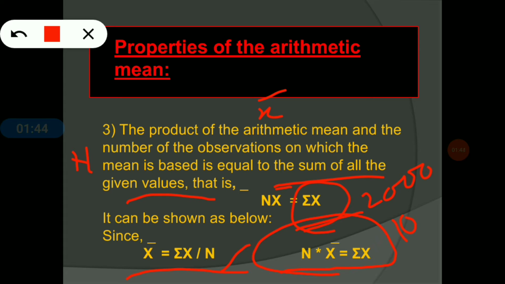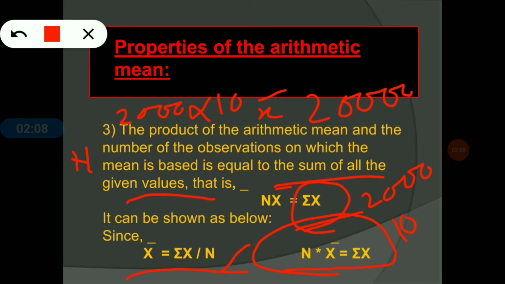So, we all know that n into x bar is equal to summation x. So, 2000 into 10, that means 20,000 is the total monthly wage of this factory. I think this is clear.